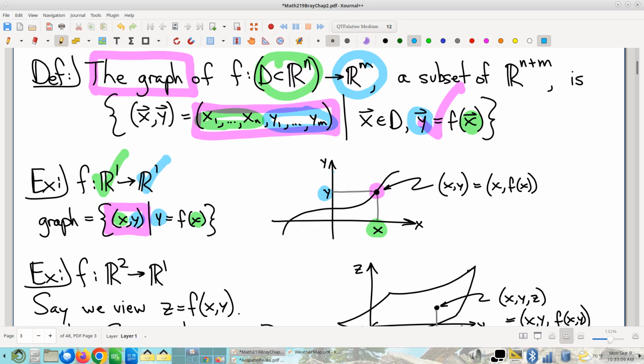I forgot to highlight the y coordinate there. So when you look at all the different inputs, you look at the complete collection of all of the points on the graph, then you get this familiar curve. Everybody kind of rings the bells.